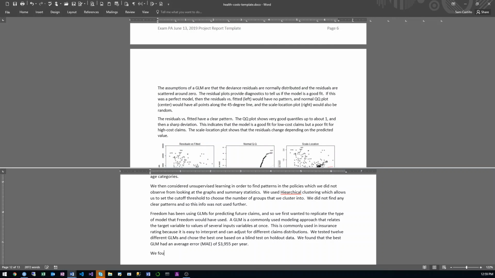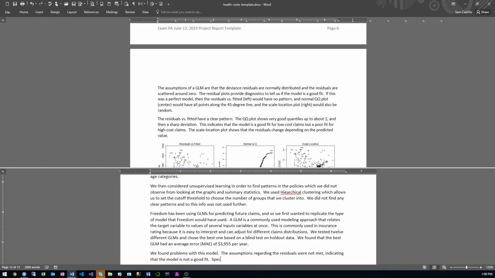We found problems with this model. The assumptions regarding the residuals were not met, indicating that the model is not a good fit.